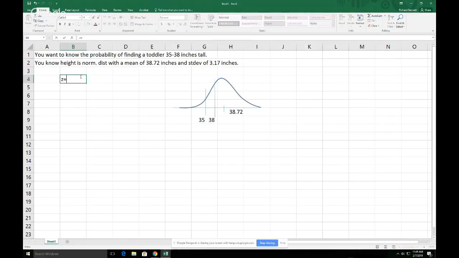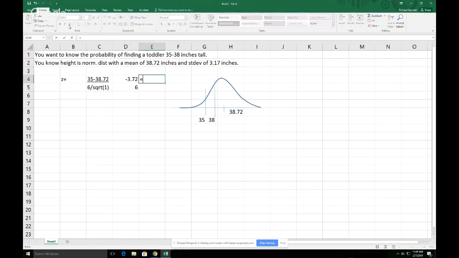Okay, so we need to find these two z-scores. So z equals 35 minus 38.72, divided by 6 over the square root of 1. So that equals 35 minus 38.72 divided by 6.